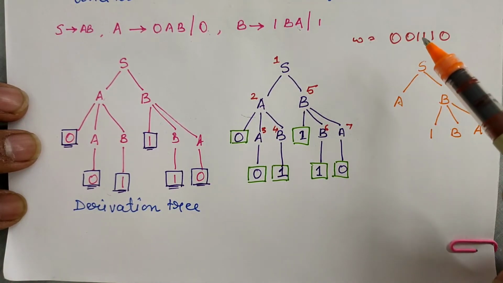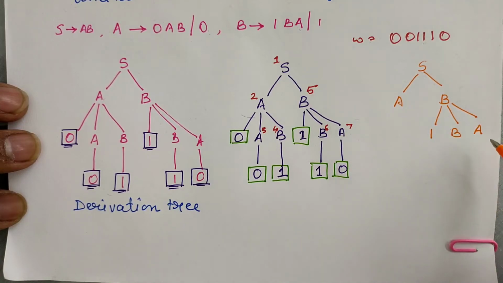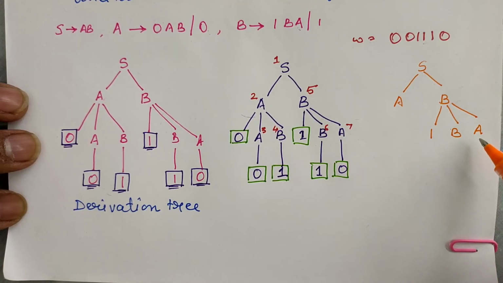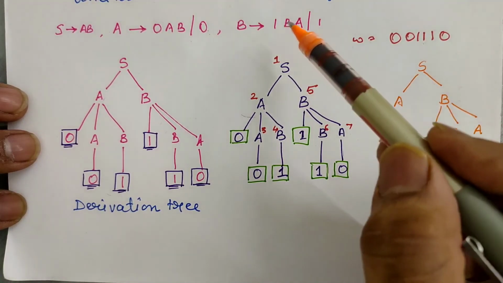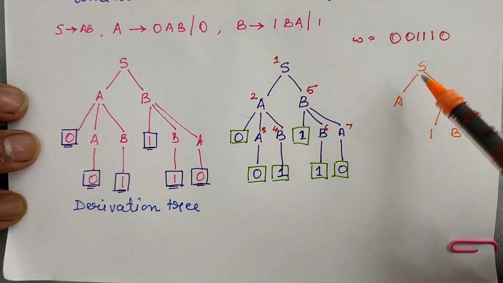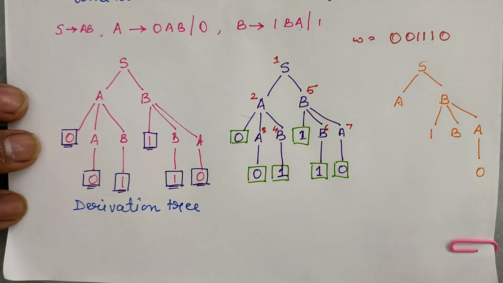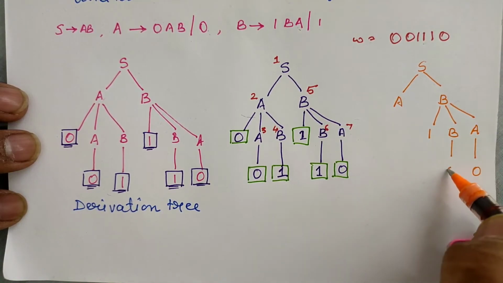Now if I go ahead, I have to explore this A first. In exploring this A, I can go with 0AB or 0. If I go with 0AB, then I will have 0, then A and B, but B will end with 1. So I have to take the production rule A tends to 0, and similarly complete this.